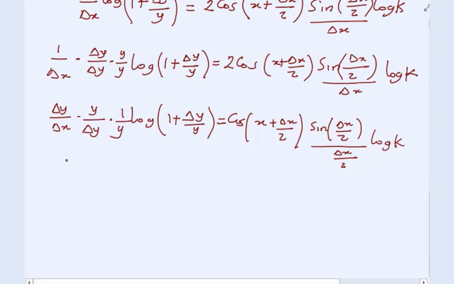I will have delta y all over delta s multiplied by 1 over y. That is what I still have here. Then this one will come to the power, since it's logarithm.